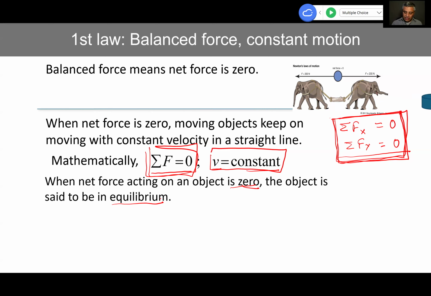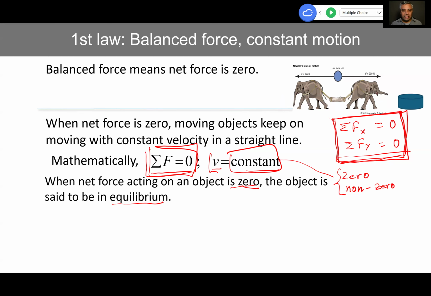So constant could be 0, since 0 is also constant, or any non-zero number. So velocity 0 means it's also constant velocity. Or velocity of any other number than 0, if it's not changing, that is also constant.